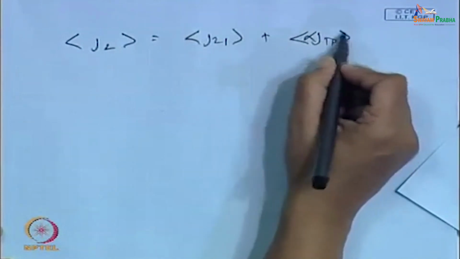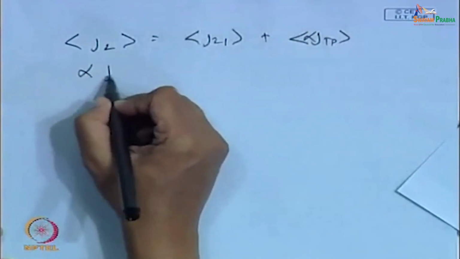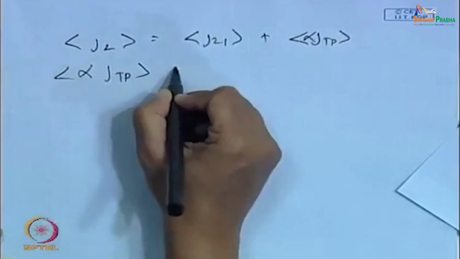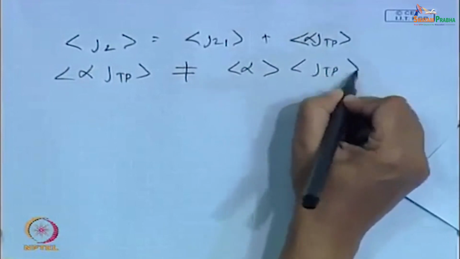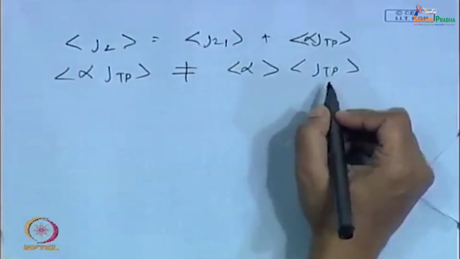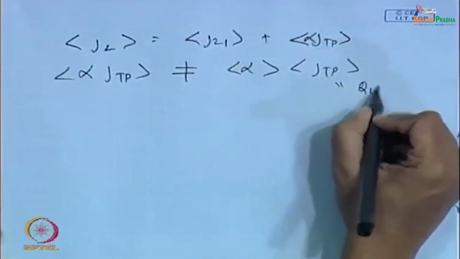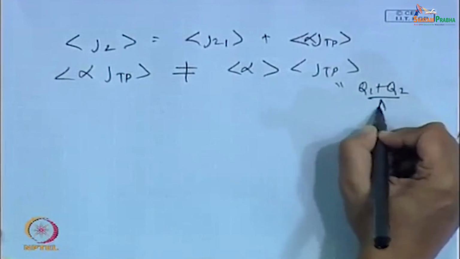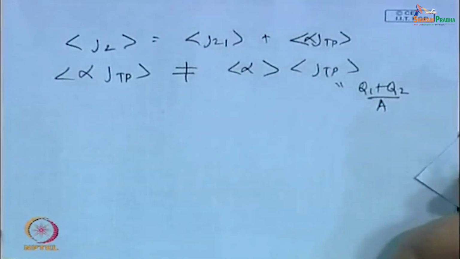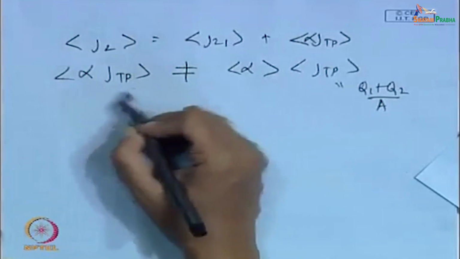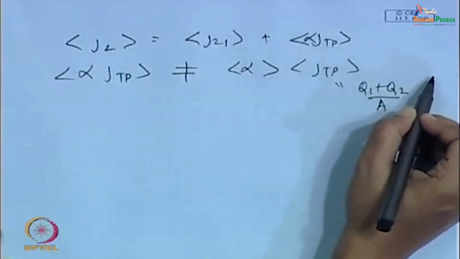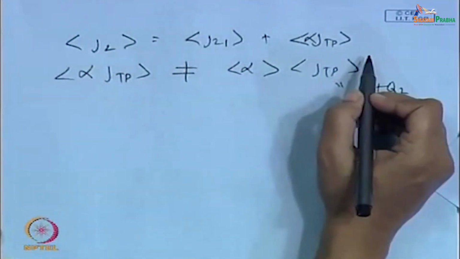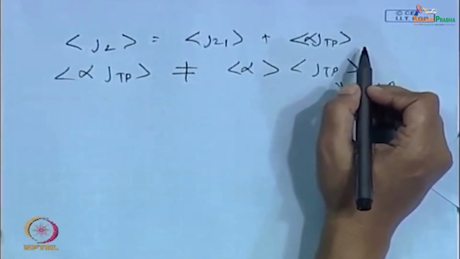Now, this term, we know that definitely alpha JTp is not equal to this term, is not it? And this is a measurable parameter, where JTp is nothing but q1 by A plus q2 by A, and alpha can also be measured. So, instead of this, if we can replace it by this term along with some other corrections, then probably my equation becomes a little more friendly.